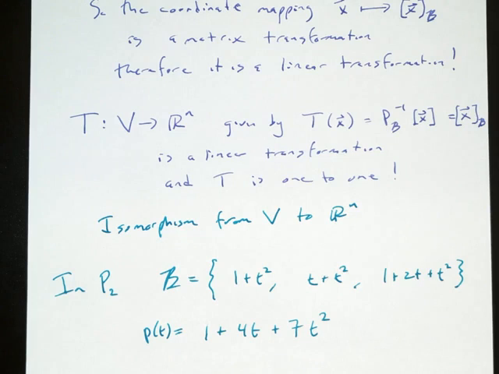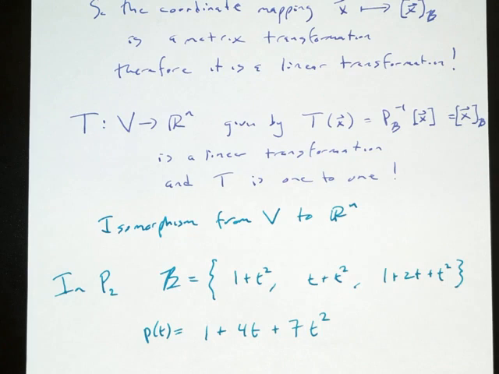We just set up the equations that would do this. I would say C1 times the first vector, C2 times the second vector, and C3 times the third vector. I'd gather all my like terms. No, I don't want to do it that way.